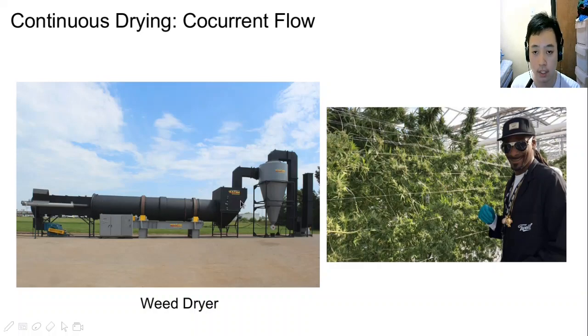So they're in the same direction, they're parallel, they're co-current. That's why it's called co-current flow. Now, this dryer is called a rotary dryer. So it turns, it rolls, and the products will move from left to right or from whatever direction it needs to go.